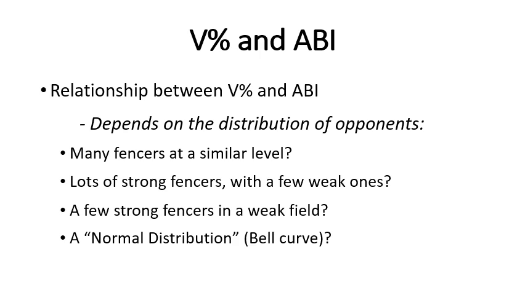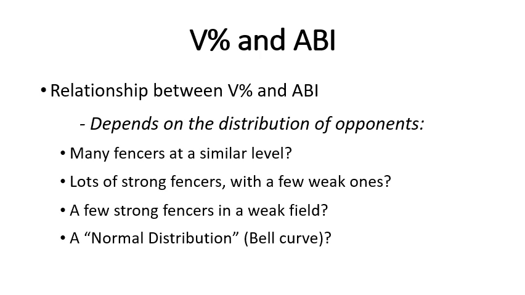The relationship between our expected victory rate and our ABI depends on the distribution of strength and skill among our opponents. Are we facing a pool of many fencers all at approximately the same level?